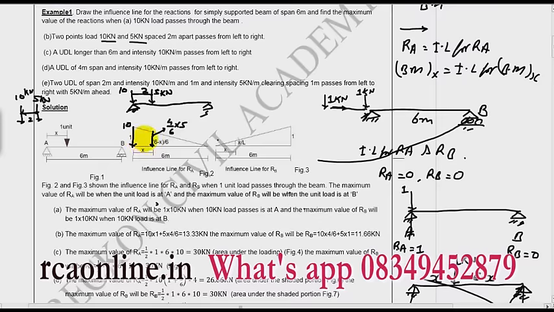RA maximum value will be 10 into 1 plus 5 into 4 by 6, which comes out to be 13.33. So when this pattern of loading moves on this beam, RA will experience a maximum value of 13.33 kilonewton under this condition.